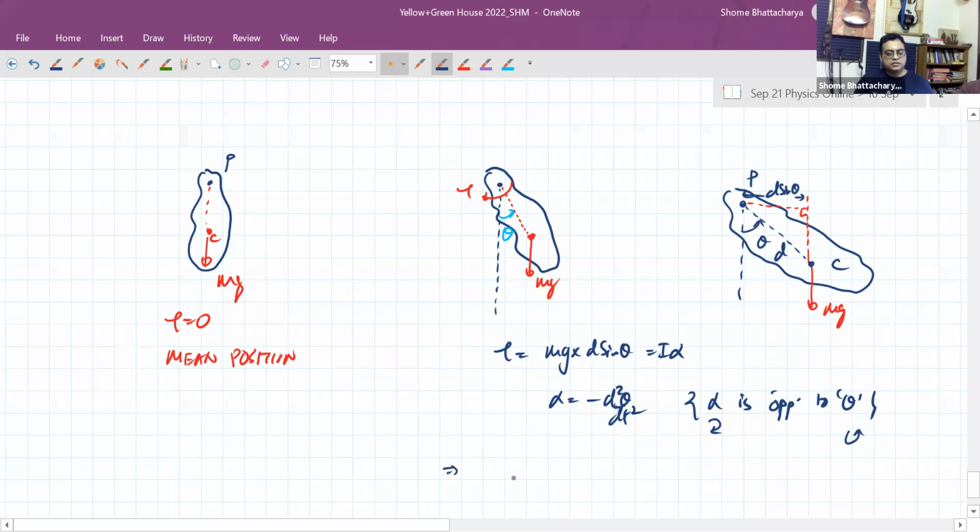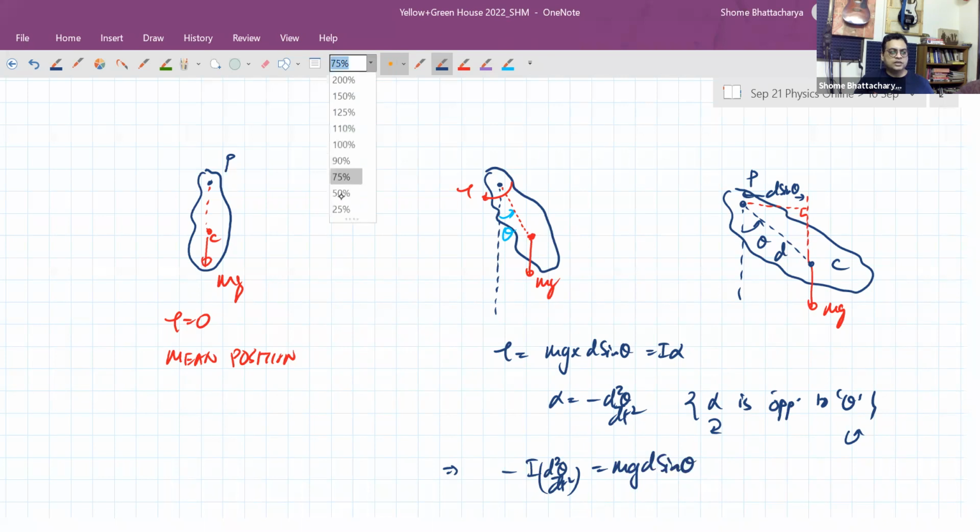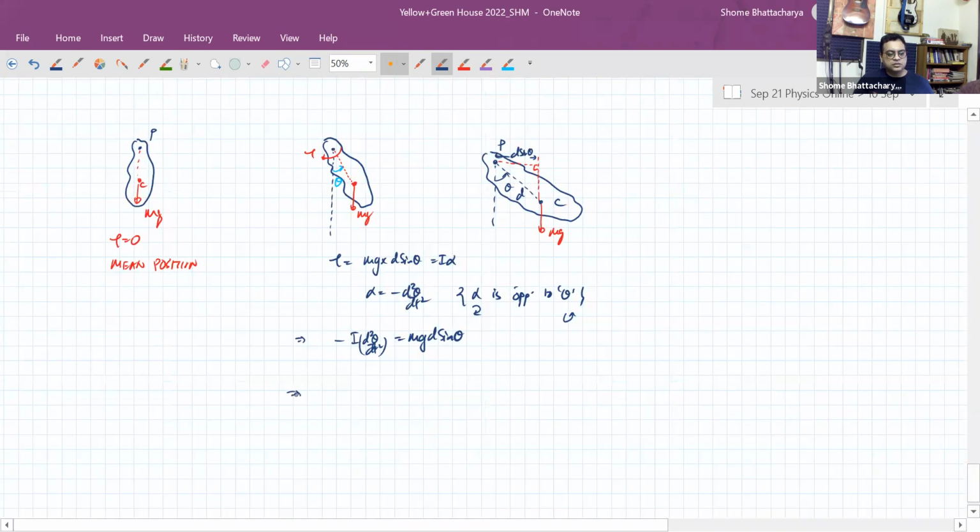So we can write that minus I into d2 theta by dt square is equal to mg d sine theta. So you can see that we don't quite have the angular harmonic equation because the proportionality is that d2 theta by dt square is equal to mgd divided by I, but into sine theta.